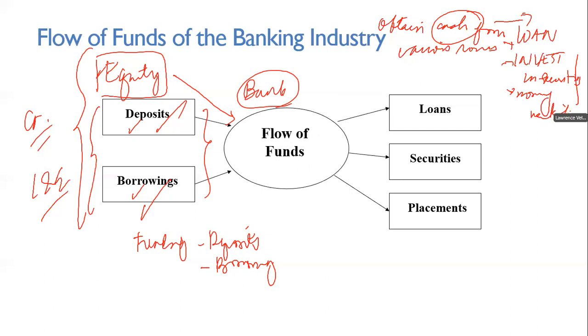So kumbaga, the business of a bank is not to build a facility or build a plant and then produce something. The business of the bank is, once they have the money, to loan it out to people who need money. And when they loan it out, what do they get in return? They get interest income in return, right? And so the major revenue source of a bank is not revenues, similar to a merchandising operation, hindi ganon.